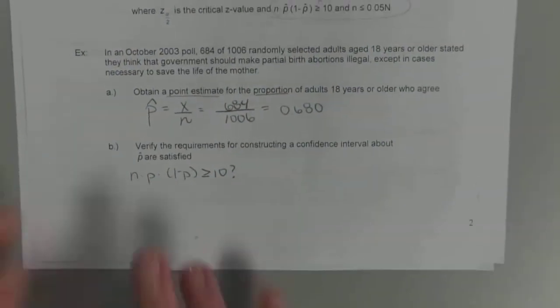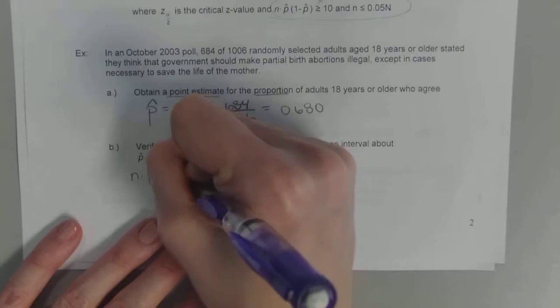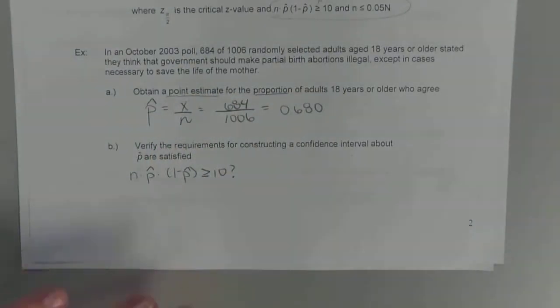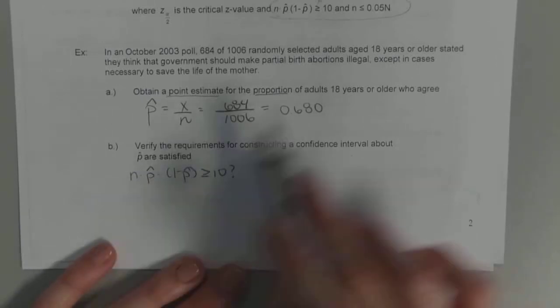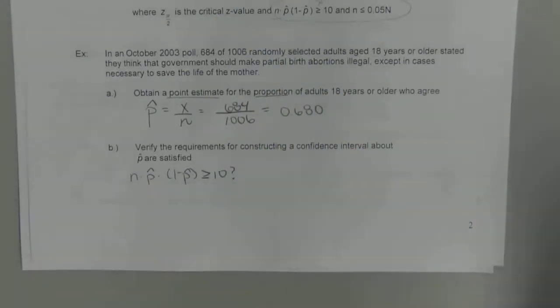Question mark. And I'm just going to do it right below it. Is your sample size times, oh, and I think it's p hat because we don't know P, we're trying to estimate P, times your sample proportion times 1 minus your sample proportion greater or equal to 10. So that is different. Before we used P, but since we don't know P, we're trying to estimate P, what's the next best thing? P hat, okay?